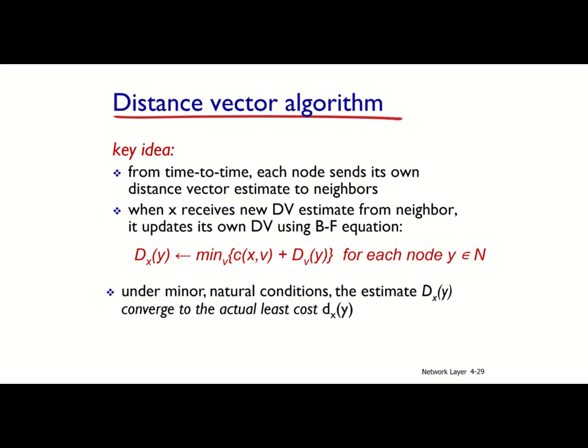When such a change happens and a router sends its new distance vector to the neighbors, all the neighbors are responsible to run this Bellman-Ford equation on their local computer to find out their new distance vector. And if their own distance vector gets updated, they also have to advertise the change in their own distance vectors to all other neighbors they have.